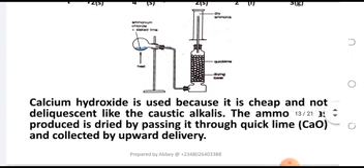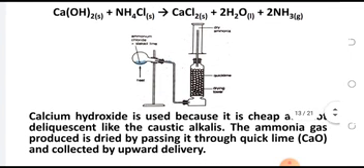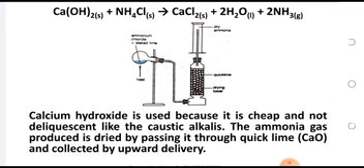One thing to take note of in this preparation of ammonia is that calcium hydroxide is used as the reagent because it is very cheap and it is not deliquescent like caustic alkalis, like sodium hydroxide.